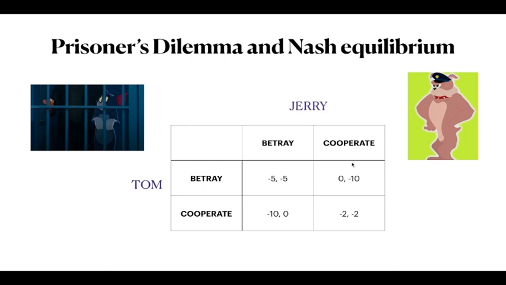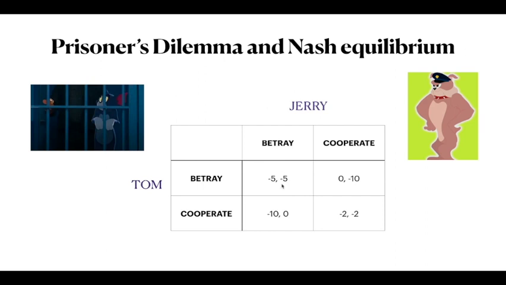If Jerry ends up betraying, then the best choice I can make is to betray as well. Because otherwise, that would be bad news for me. I would have to stay in prison for 10 years. As you can see, irrespective of whether Jerry cooperates or betrays, the best choice for me is to betray.